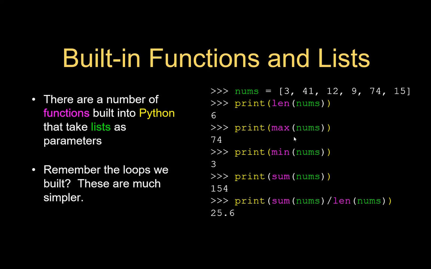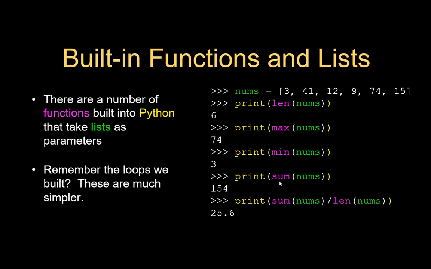The next one is max, which gives the maximum value in our list. Is it 41? No, it's not 41, it's 74, so we get 74 here. The next one is min. What is the minimum value that we have in our list? In this case it is 3.